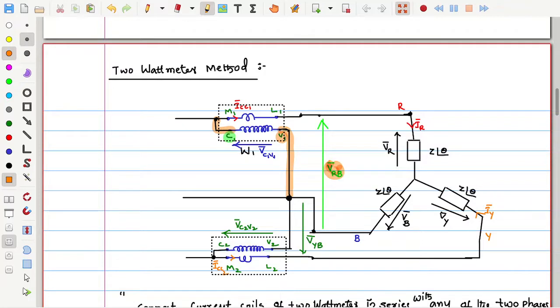Next thing is, what about currents? See, where the ML coil is connected, the ML coil is connected in series with the R phase load. How much is the R phase load current? IR. That means IR current is equal to ICC1.